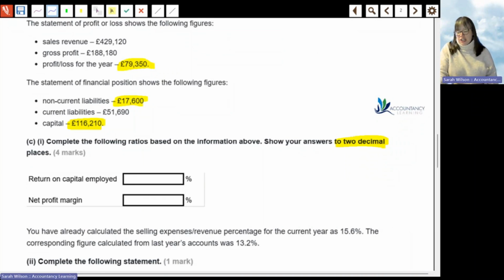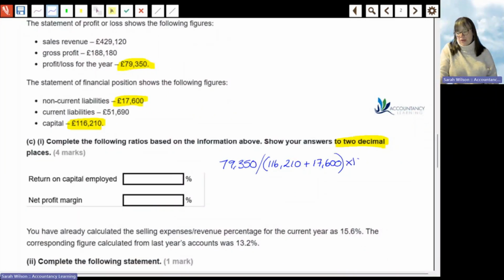So our calculation is going to be our profit. And then we're going to divide that by the sum of what's been invested. So our capital and our non-current liabilities.